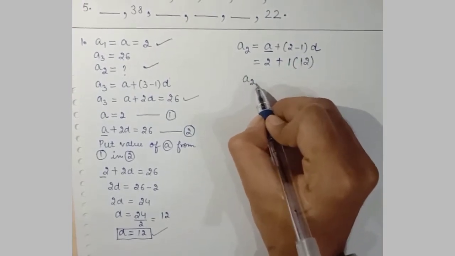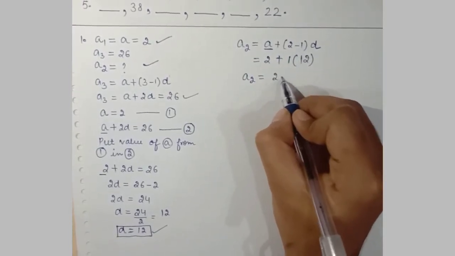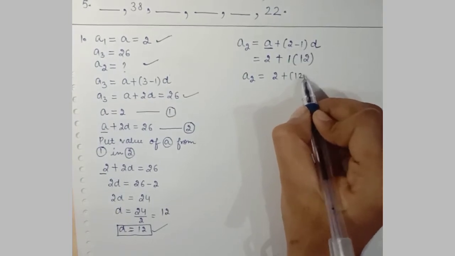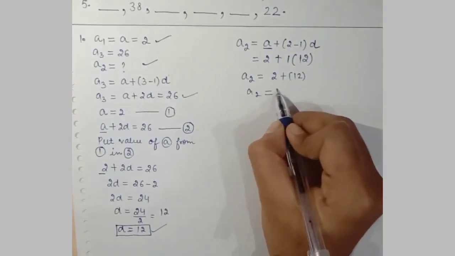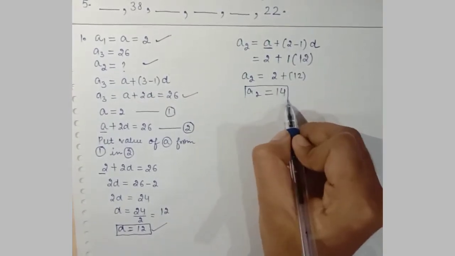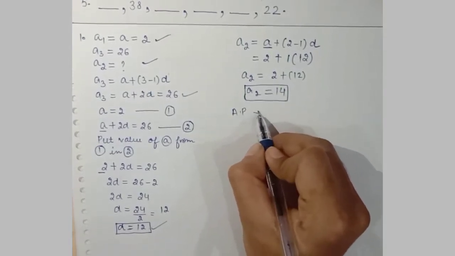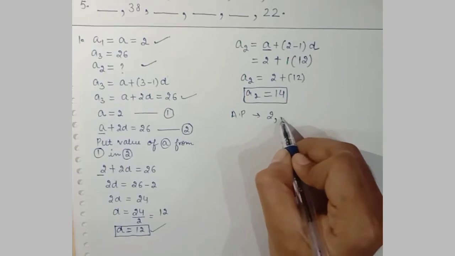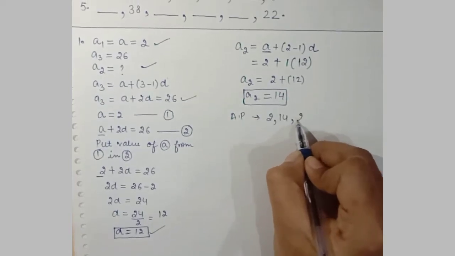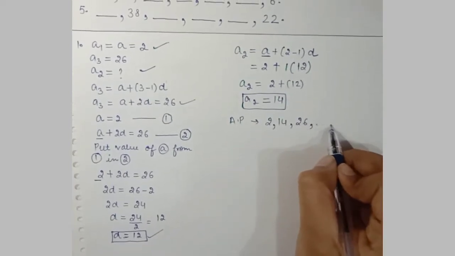So our a2 is 14. Hence our AP is 2, 14, 26 and so on.